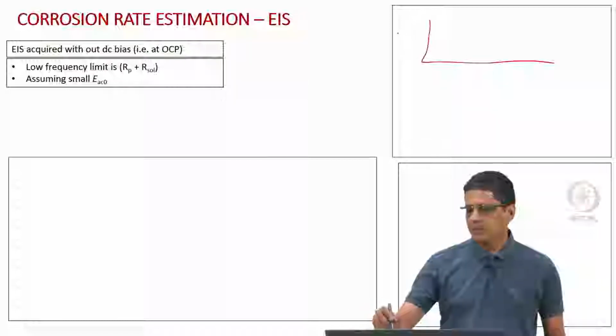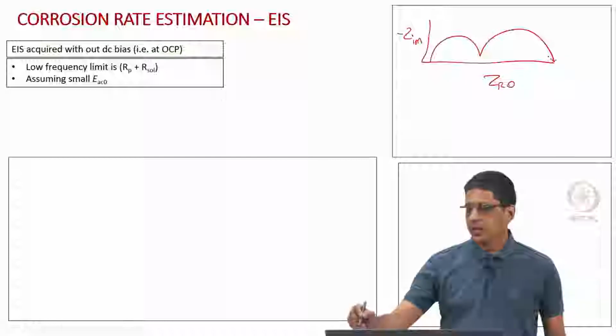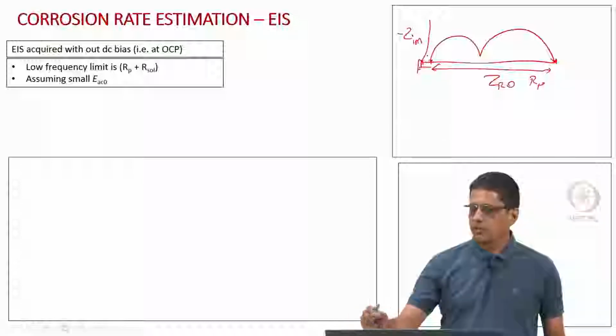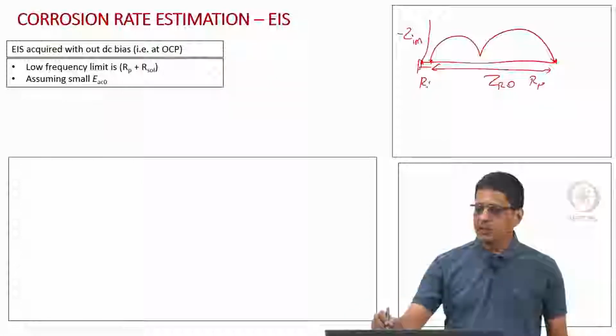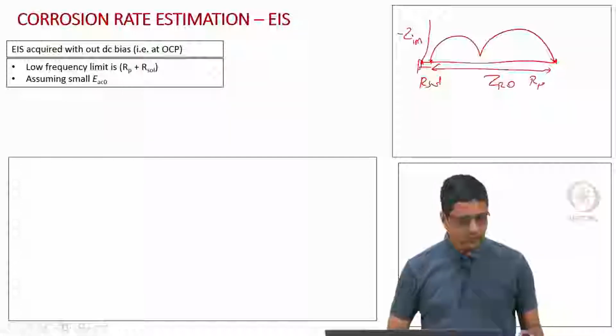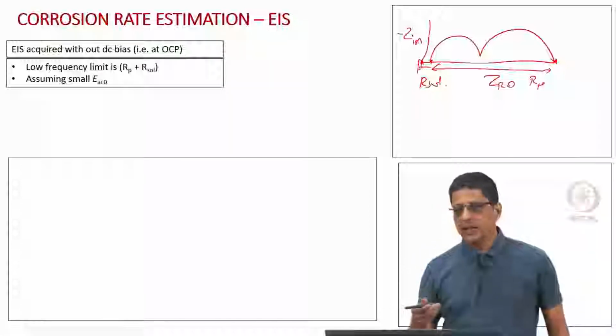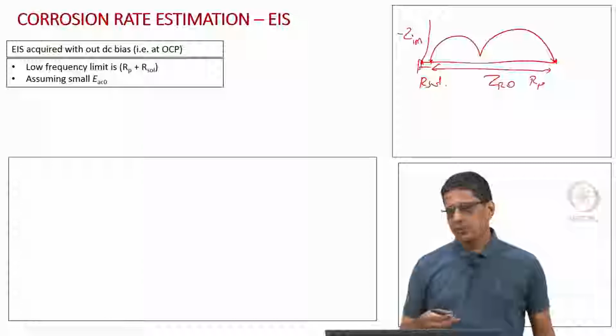So, as an example, in a complex plane plot, data may come like this. This is R solution, this is Rp, and this point starting from the origin is Rp plus R solution, and you can get the value of Rp without any ambiguity here.